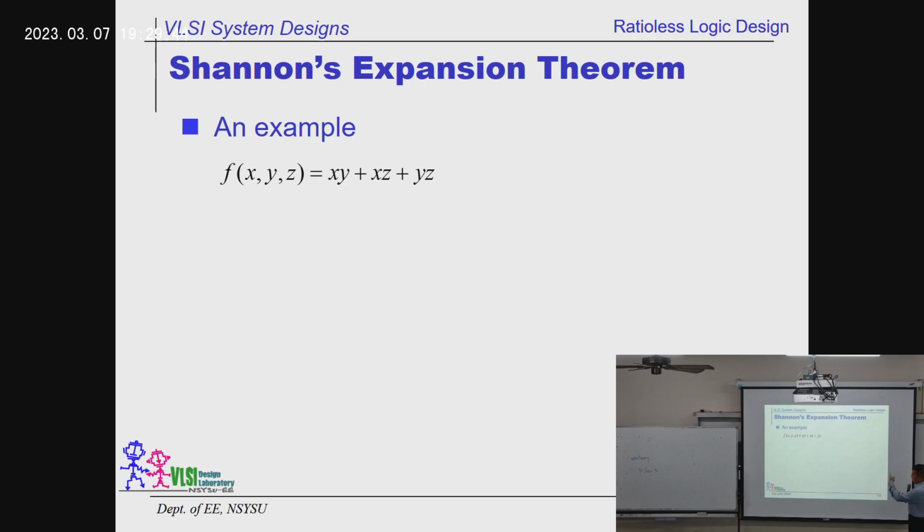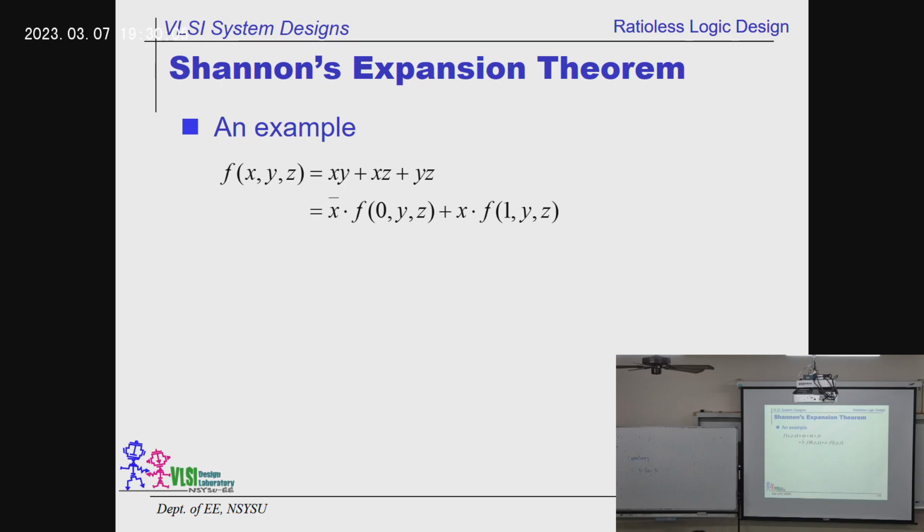If you're given an equation like this one, how do we decompose it? We have not talked about why we need to decompose it, but let's show you how. This is the original equation. Step number one, we pick the variable that we don't like, let's say x.